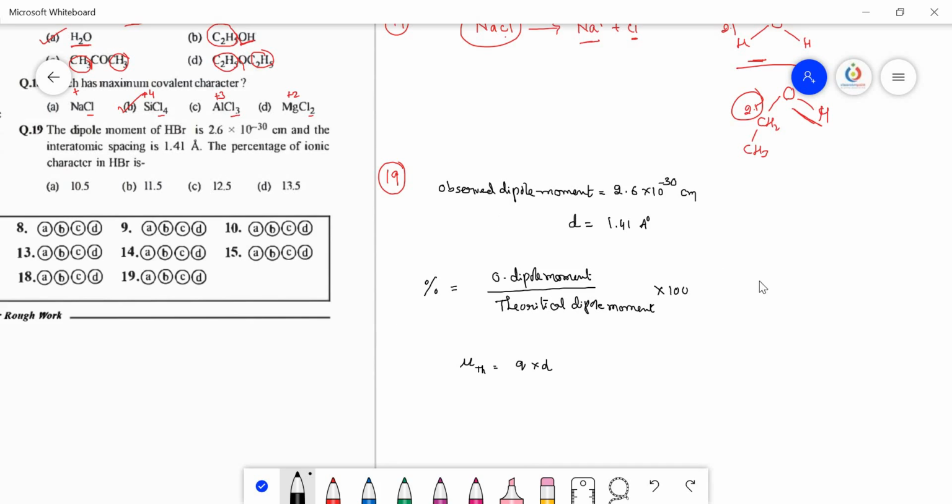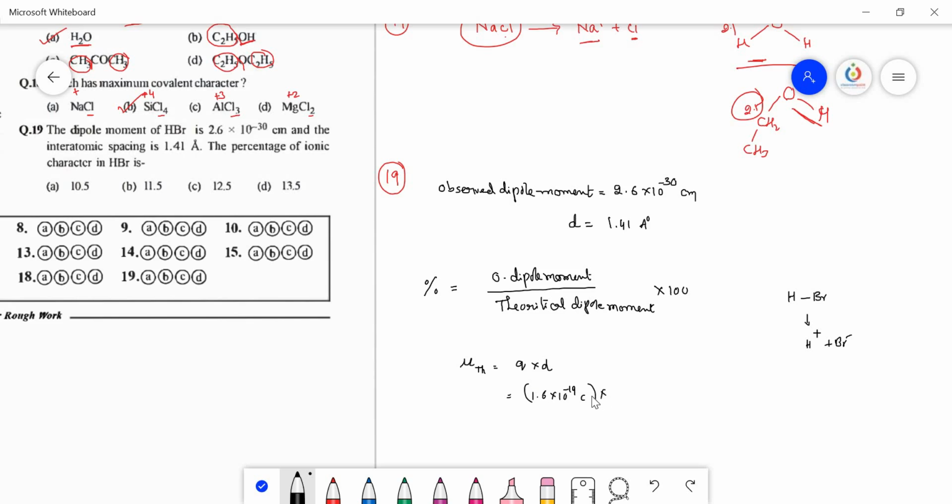Here the quantity of charge is not mentioned, but if you take the HBr molecule and split it, just imagine H plus Br minus. Only one charge is formed, so we take the charge of one electron, that is 1.6 into 10 power minus 19 coulombs.